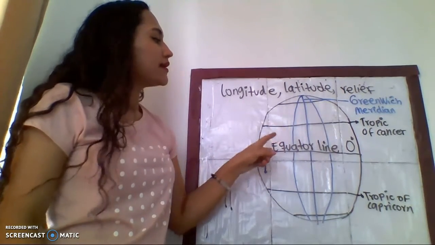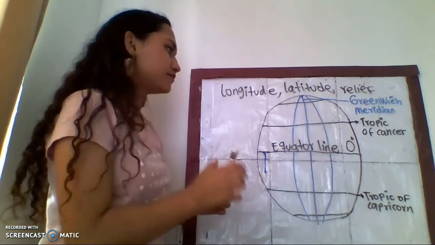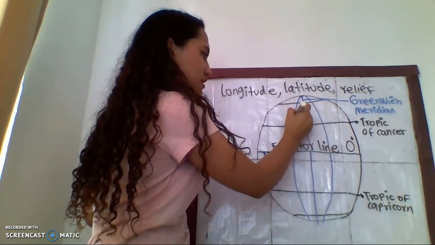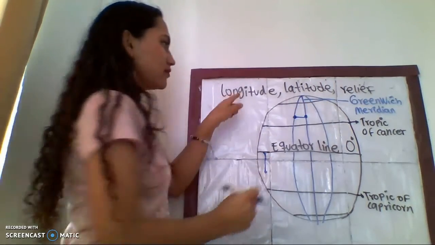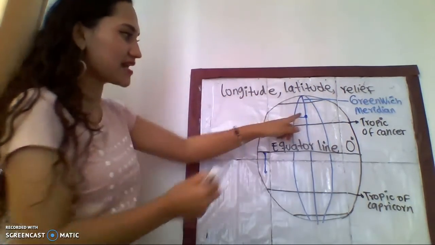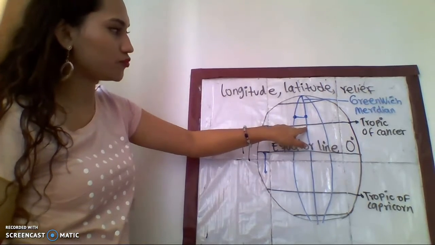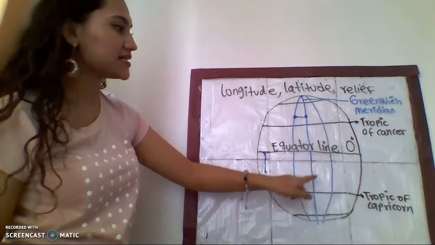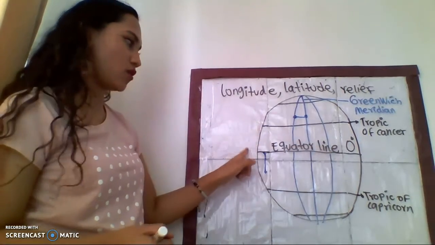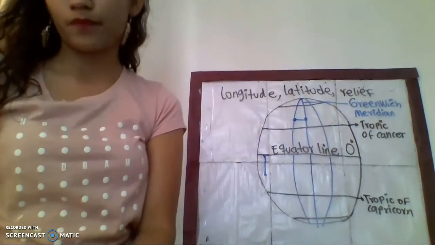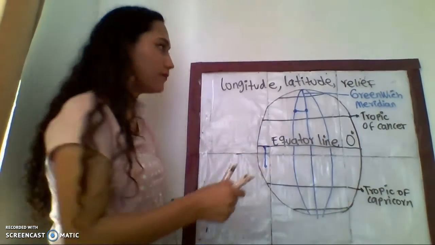Now, the distance, for example, from this to this meridian is called the longitude. This is the longitude. La distancia entre cualquiera de los puntos de este meridiano de Greenwich, hacia el este o hacia el oeste. So let's remember the cardinal points.